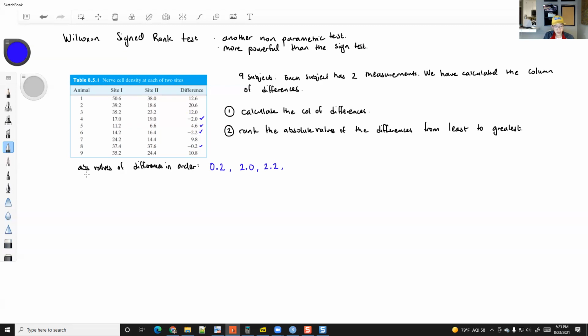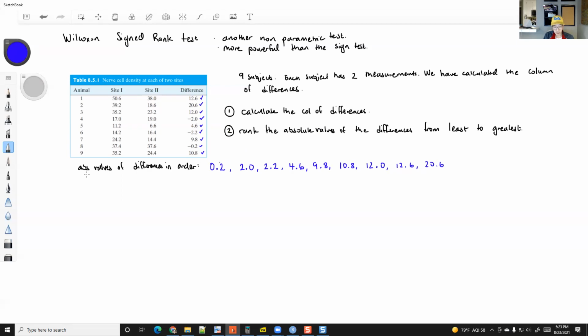And then the next value is 4.6, and then I think 9.8, and then 10.8, and then 12.0, and then 12.6, and 20.6.